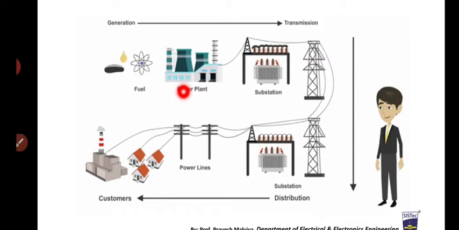It can be a steam turbine, it can be a nuclear power plant. So these steam turbine and other turbines, hydro turbine, these drives our main alternator which converts that rotating mechanical energy into electrical energy. So this part, only this part where electrical energy is generated, is known as the generation section.